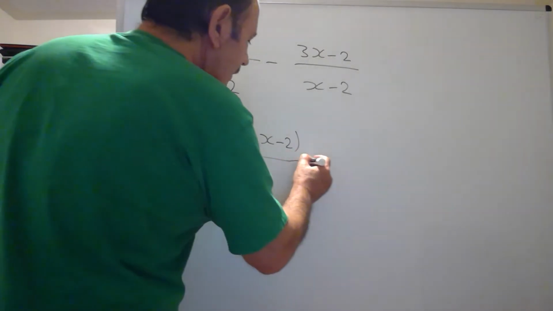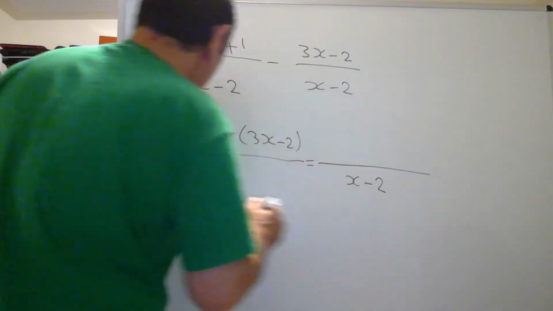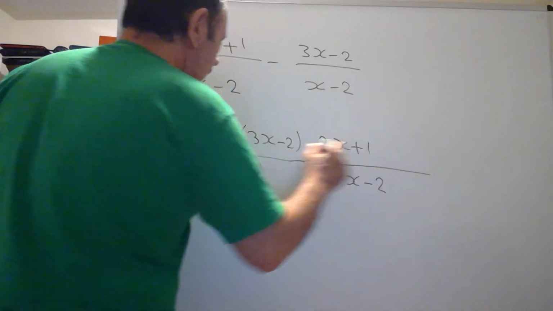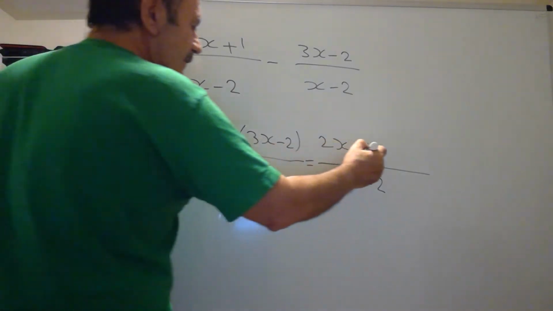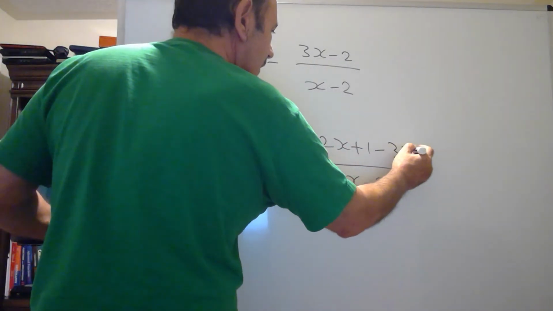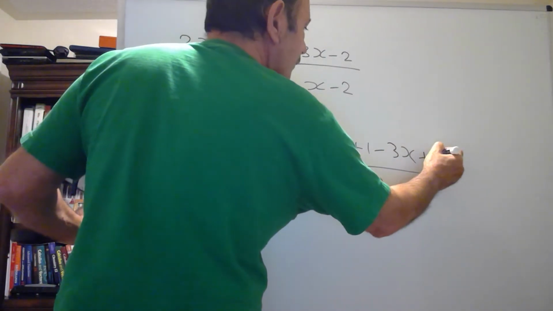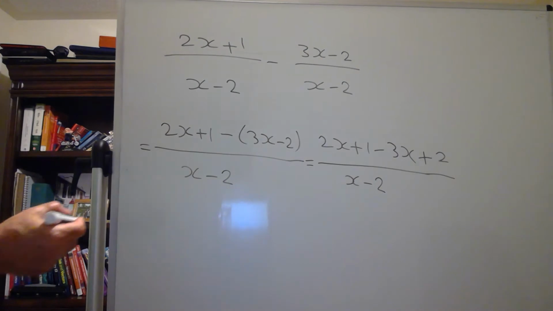Now let's continue. It's going to be x minus 2 over, then 2x plus 1. This negative outside the bracket: negative times positive is going to be minus 3x, and negative times negative is going to be positive 2. Now we have to simplify the fraction.